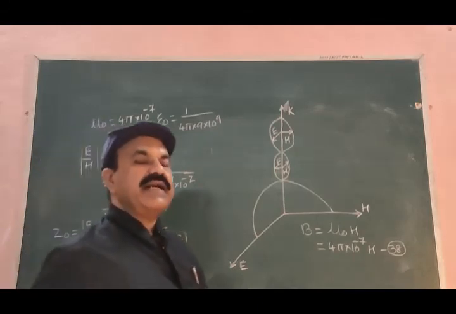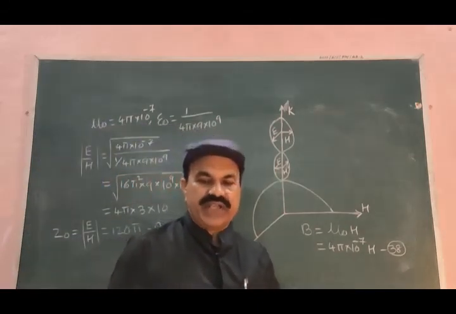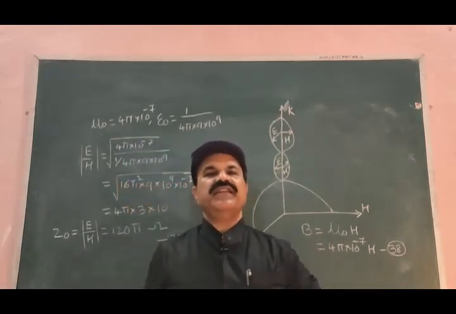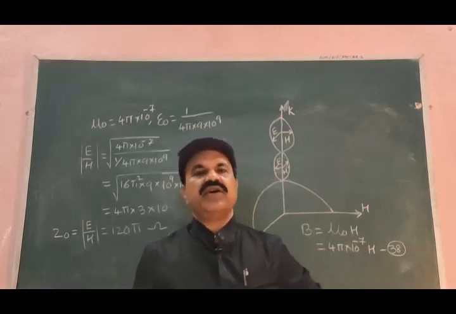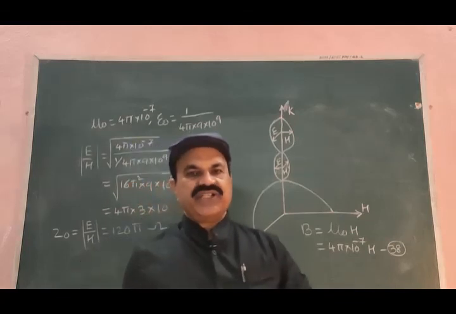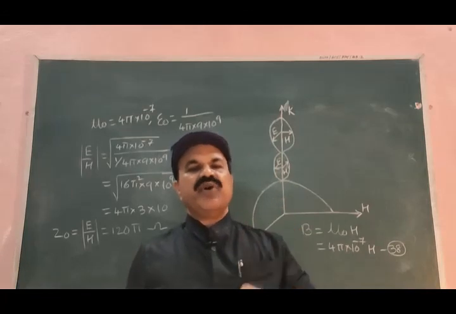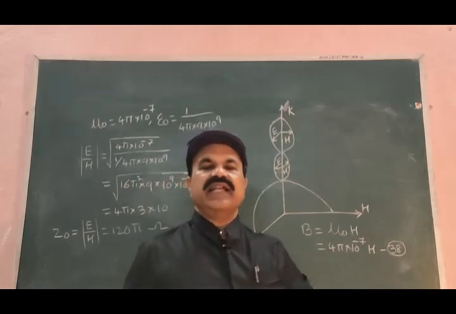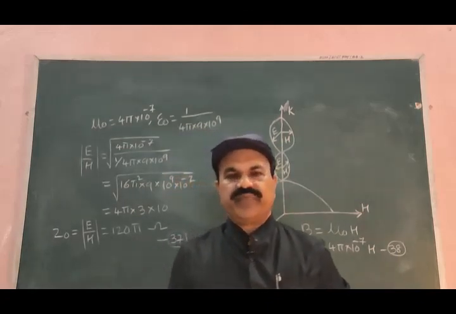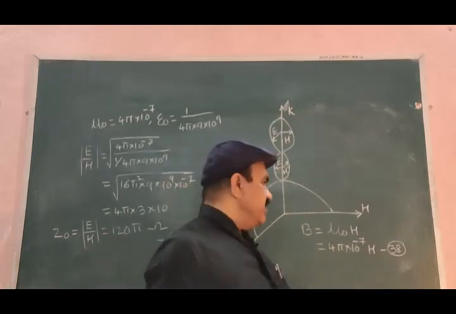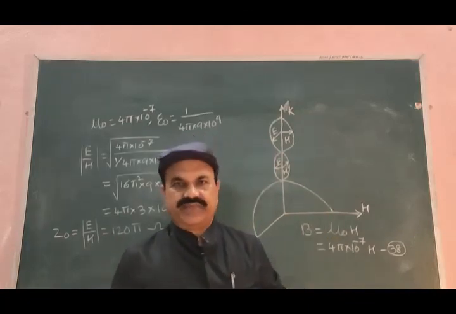It means that the electrical component E is much greater than the magnetic component H in the plane electromagnetic wave. Or in other words, the electrical component is much more important than the magnetic field component in the plane electromagnetic wave. This conclusion can be drawn from equations 37 and 38.